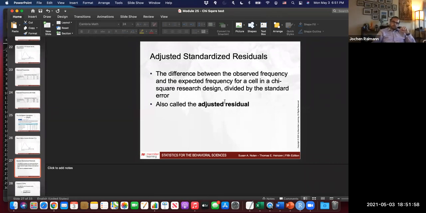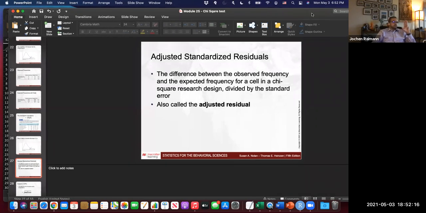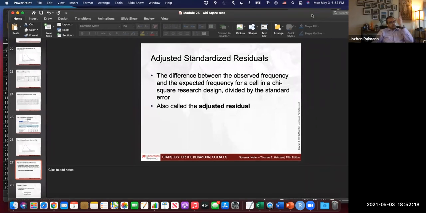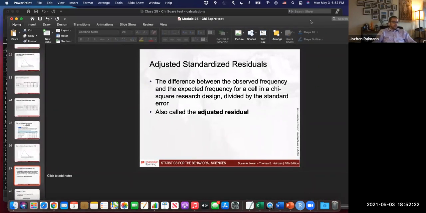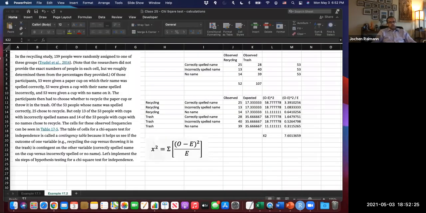And this you would do with the quantification of an adjusted residual. This is essentially the difference between the observed frequency and the expected frequency for one particular cell in a chi-squared research design divided by the standard error. And yes, you have a standard error, because all your counts are basically giving you a distribution of the mean differences, right? So you are back to having a standard error.